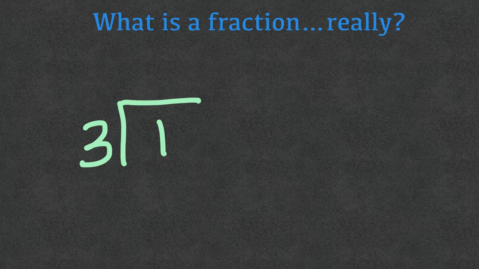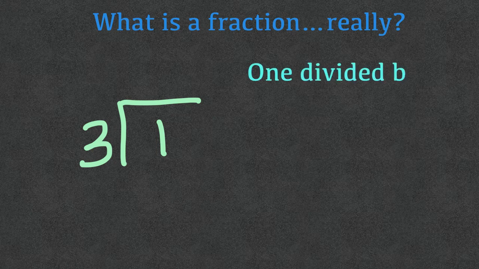All right, well, hopefully you've paused it and tried it on your own. So this says 1 divided by 3. Remember, 1, or the numerator, is going to be inside the box. So for instance, let's do the verbal description first. 1 divided by 3.